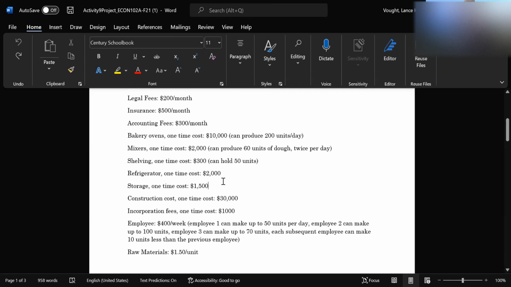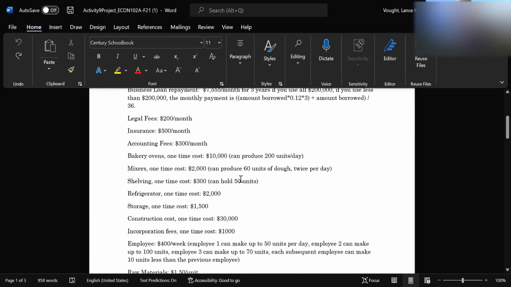There is no cap, because all locations have the same storage constraint, but there is no constraint on it. Really, the constraint is how quickly you can bake the stuff, how quickly you can make the dough, and how much space you have to store stuff.